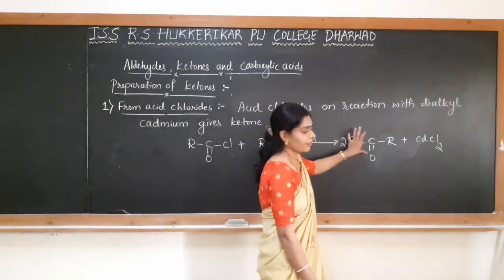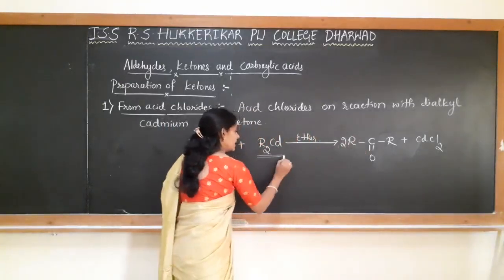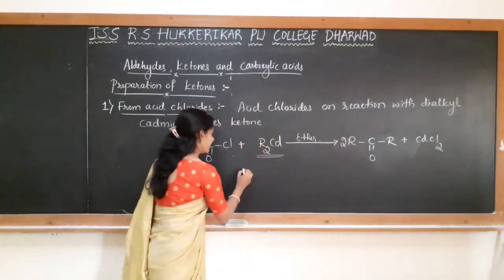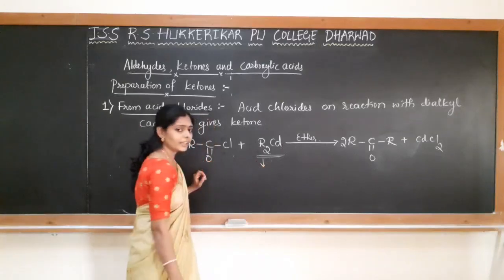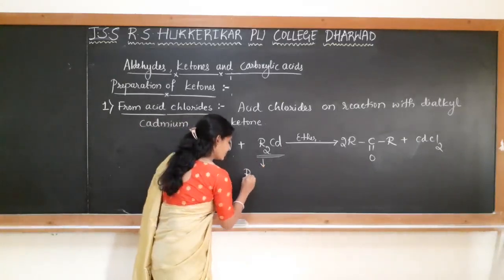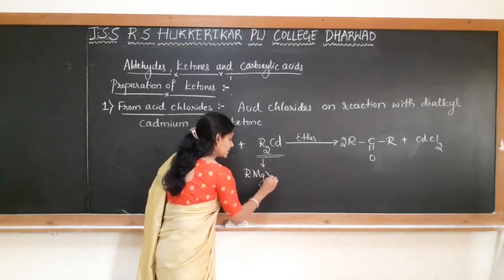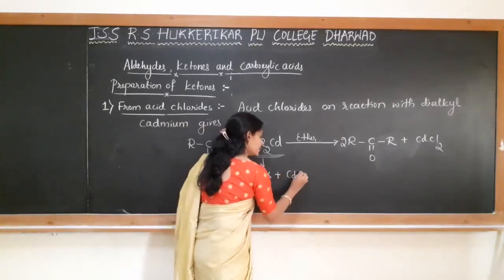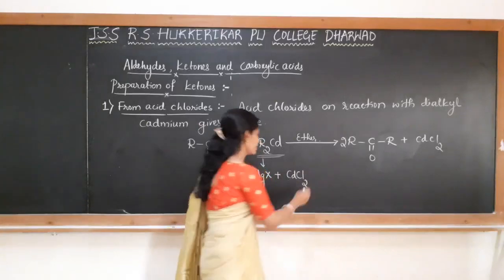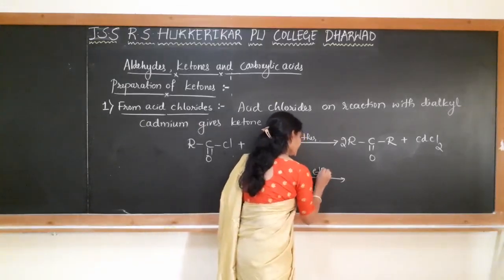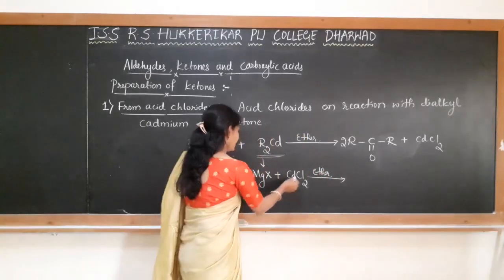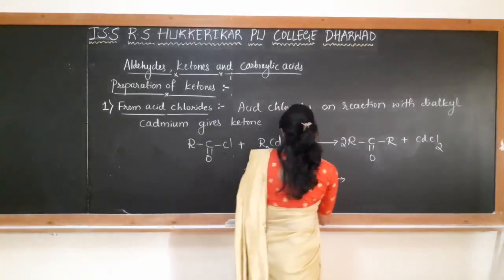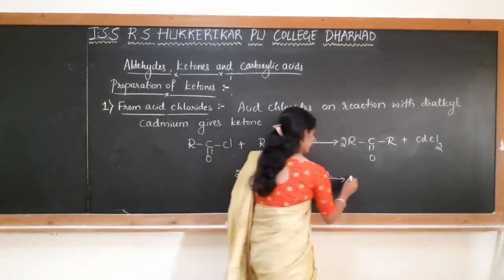So acid chloride or acyl chloride on reaction with dialkyl cadmium in an ether medium results in the formation of ketone. Here this dialkyl cadmium is prepared from Grignard reagent. Okay, so how is it prepared? Grignard reagent is represented as RMgX. When this is treated with cadmium chloride in the ether medium, there is a formation of dialkyl cadmium.